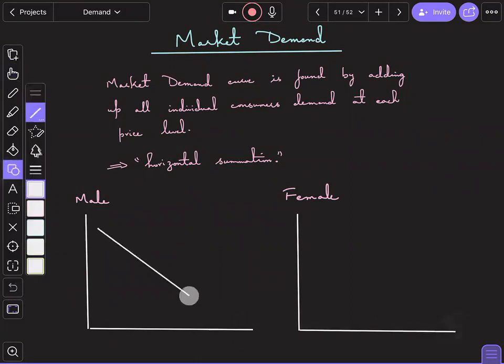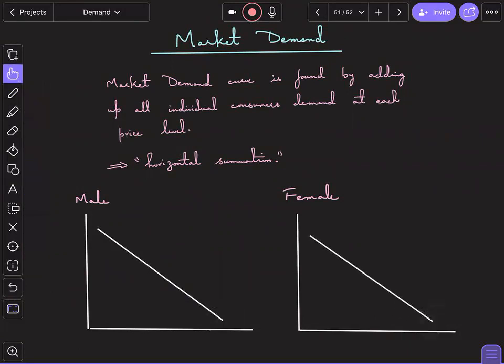So this is the demand curve for males, and this is the demand curve for females for public transport.